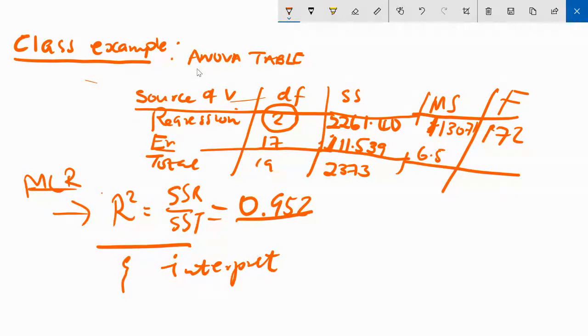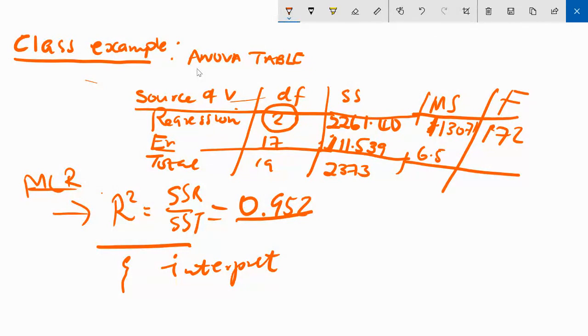The coefficient of determination, here's the definition from the study guide. Coefficient of determination measures the variation in y that can be explained by what? By the independent variables. In our case, we have independent variables. It is the proportion of the variation in y that can be explained by your independent variables.